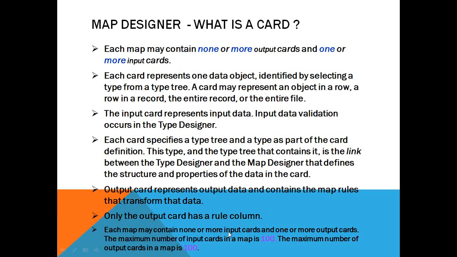Each map may contain none or more input cards and similarly none or more output cards. The maximum number of input cards is 100 and similarly the maximum number of output cards is 100. The remaining points we already discussed.